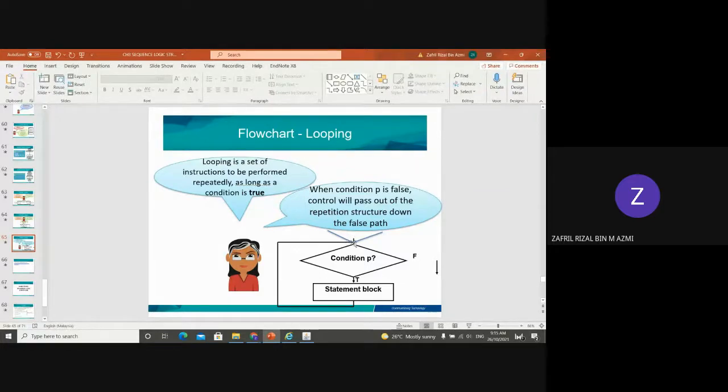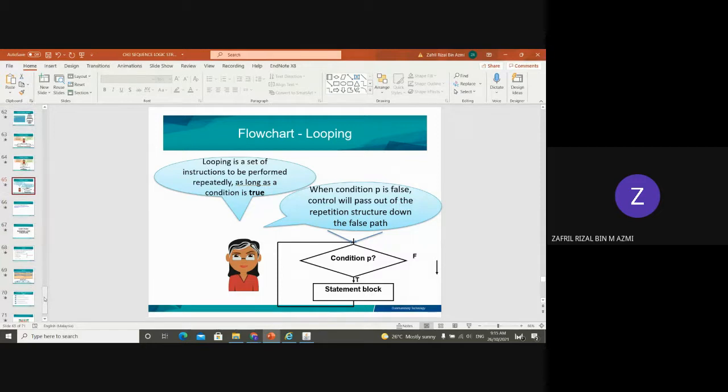How many? 1, 2, 3, 4. Four come in. It doesn't matter how many arrows come in, but the limitation is on what comes out. It should only be two arrows coming out from the condition symbol. Whether this is a decision or looping, it must have two coming out.